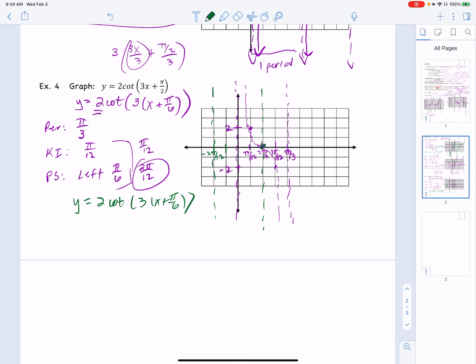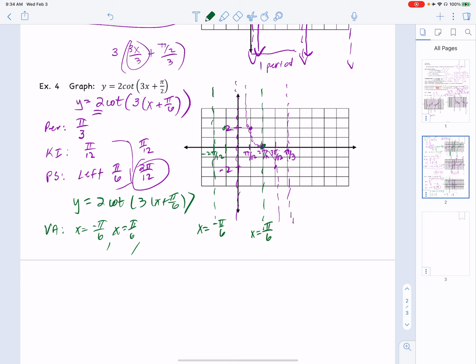So both asymptotes have to move 2 key increments to the left because that's the phase shift. So those equations are x is equal to negative pi 6. Negative 2 pi 12ths is negative pi 6. And positive 2 pi 12ths is positive pi 6. So my vertical asymptotes, x equals negative pi 6, x equals pi 6. And those are the 2 that contain 1 period.